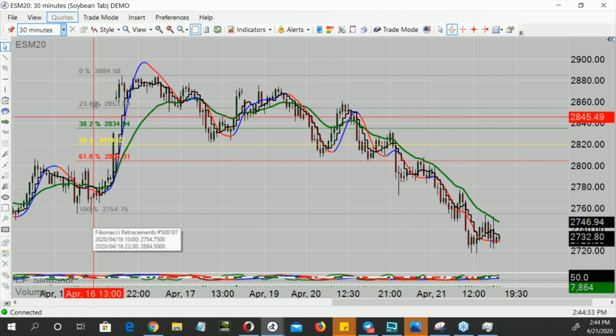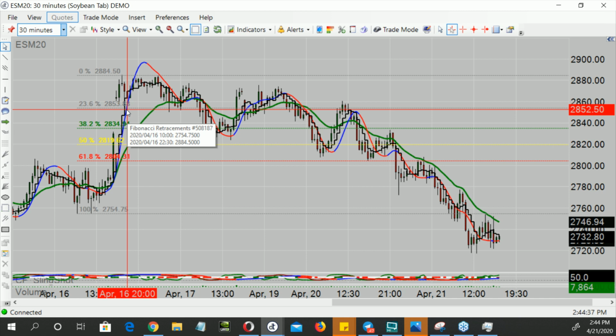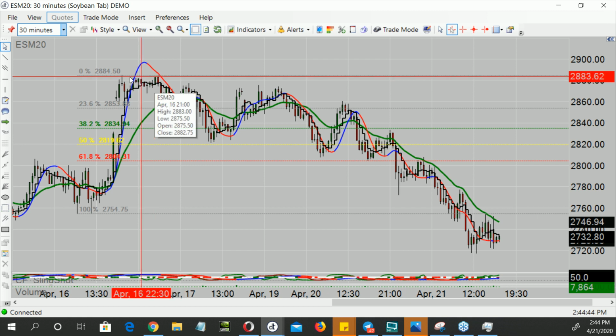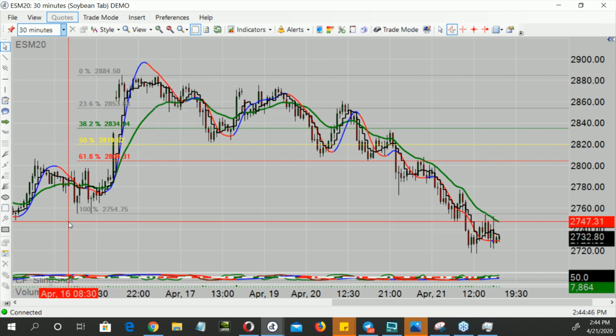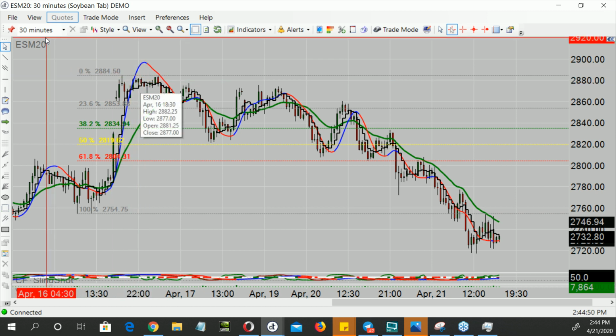So we get this nice move up. We retrace to the 24% Fib. It holds as good support. It bounces us back up to the swing high. So now we got a double bottom here. We got a double top here, and this is on a 30-minute chart. Okay.